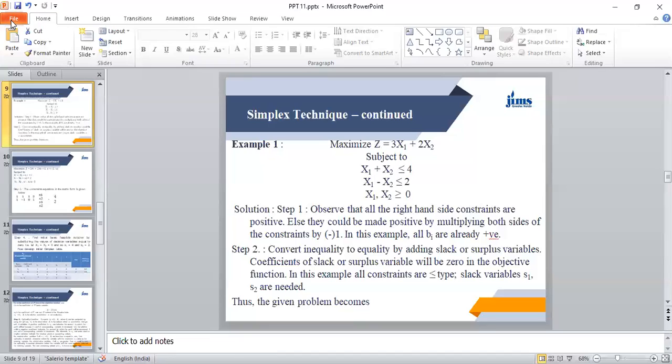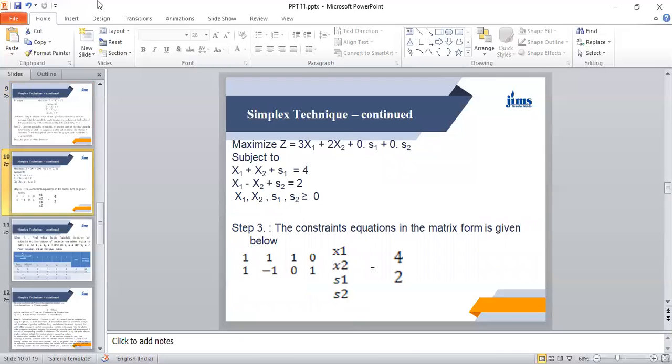So we make use of slack variables and write x1 + x2 + s1 = 4 and x1 - x2 + s2 = 2, where s1 and s2 are both greater than or equal to 0. These s1, s2 are known as slack variables.